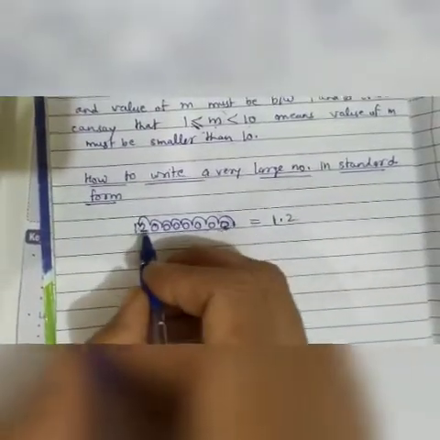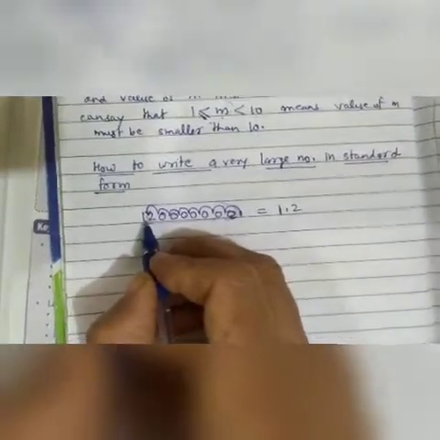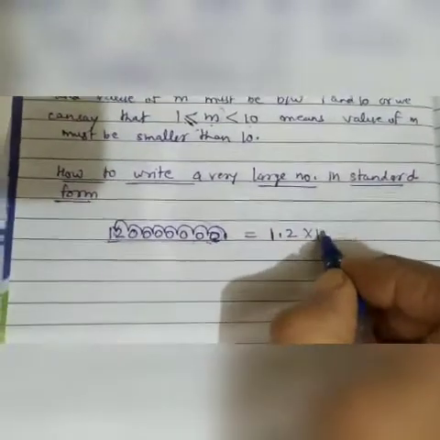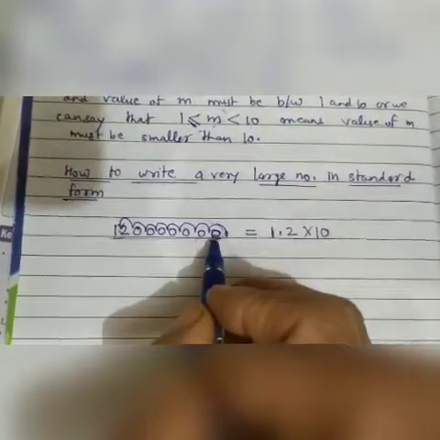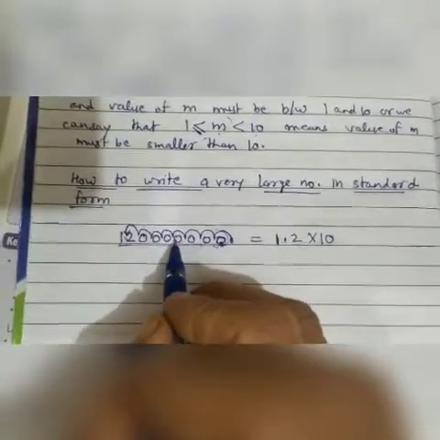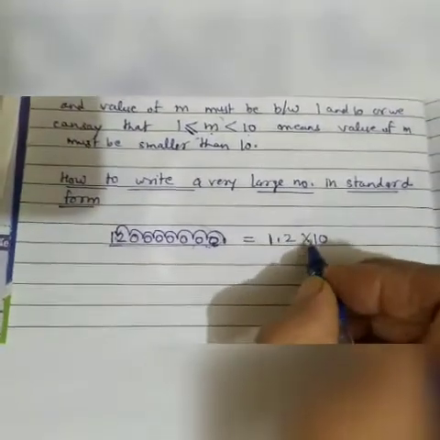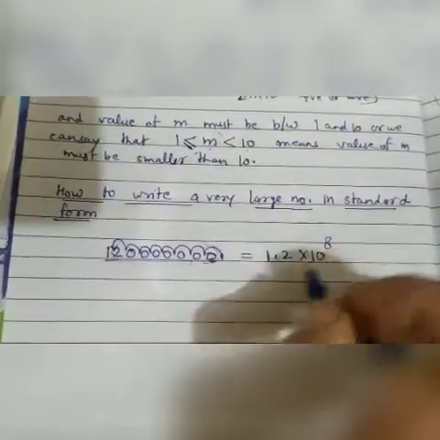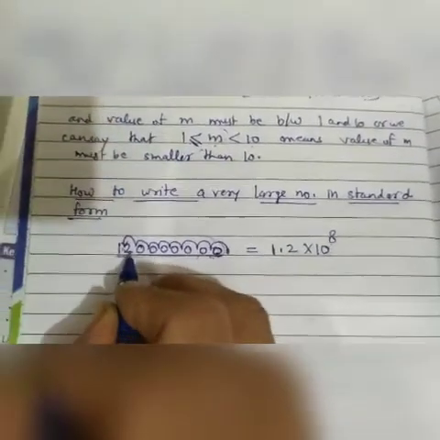When this decimal is shifted here, then this number will become 1.2 into 10 power. How many digits have we shifted this decimal? 1, 2, 3, 4, 5, 6, 7, 8. Then 1.2 into 10 power 8. Power will be positive. And we will not write these zeros. Only we will write 1.2.